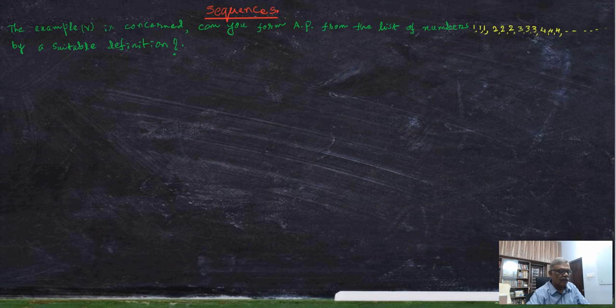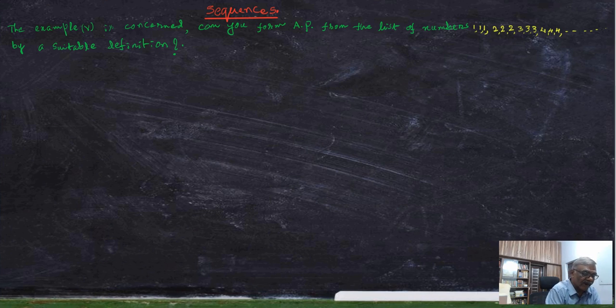As far as the fifth example is concerned, we can think over it a little bit. Can you form an AP from the list of numbers 1, 1, 1, 2, 2, 2, 3, 3, 3, 4, 4, 4, etc. by a suitable definition? The statement itself suggests that it is not an AP, but however we can see here.